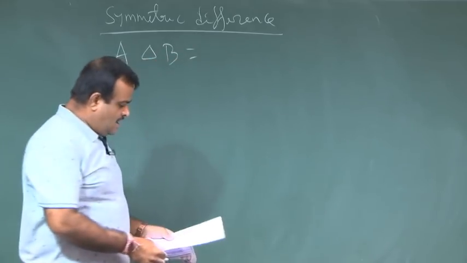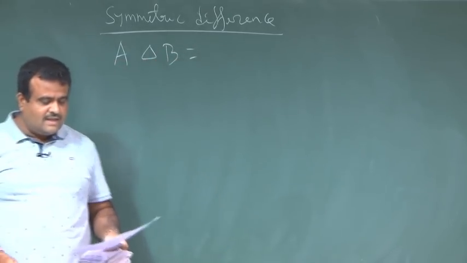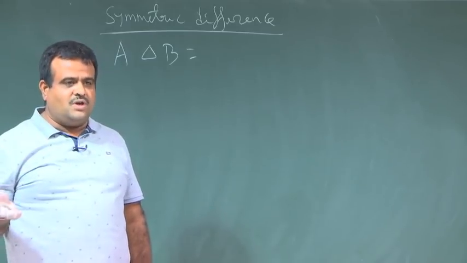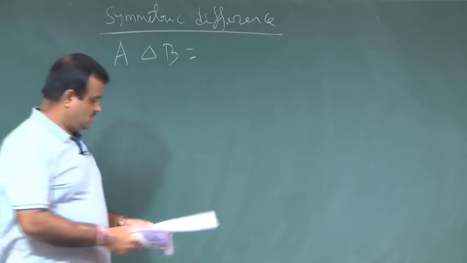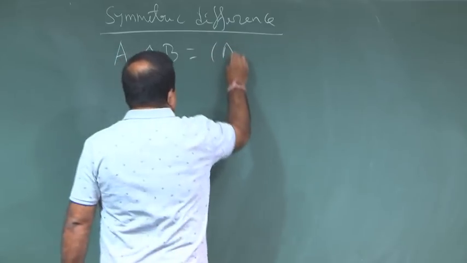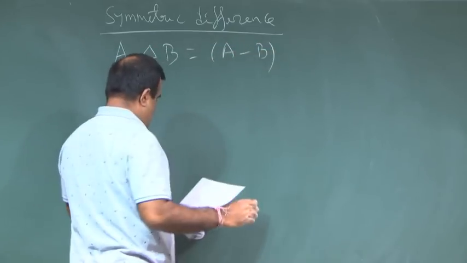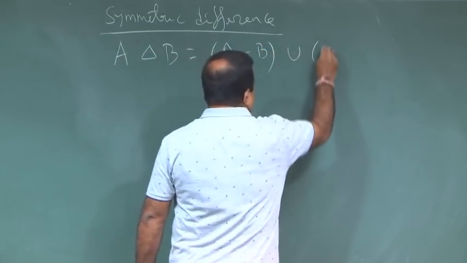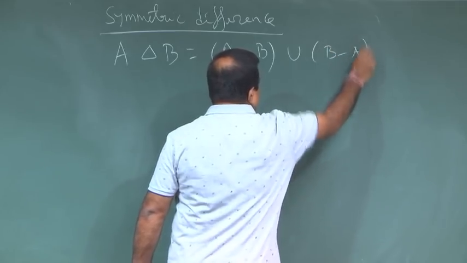This is basically the elements which belong either to A or to B, but not both. So, this is basically A minus B union B minus A.